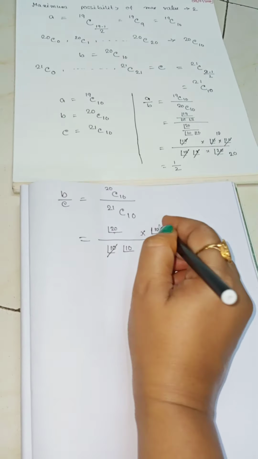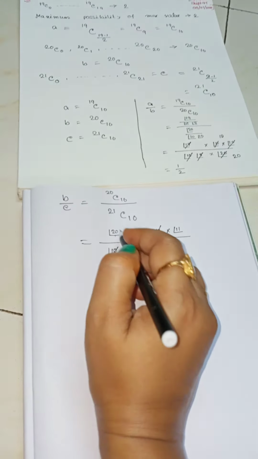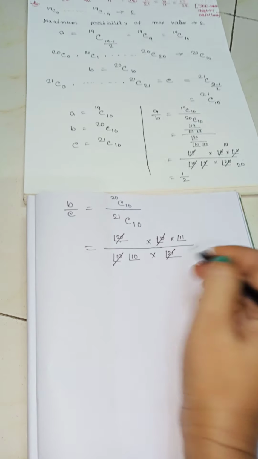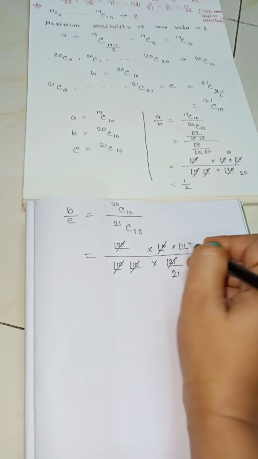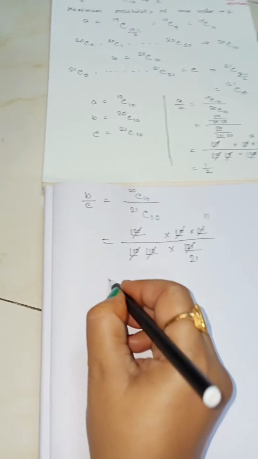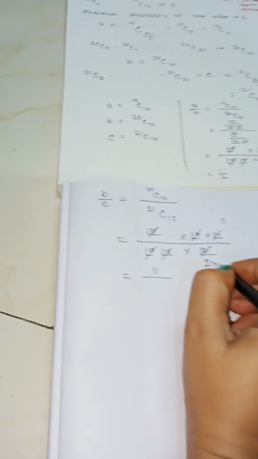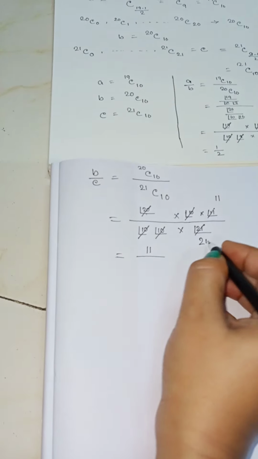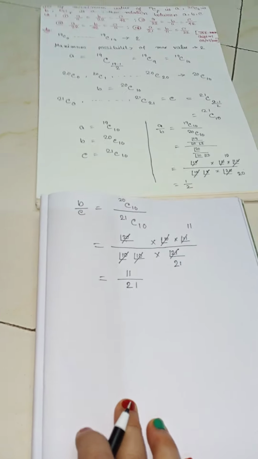Factorial 10 cancels off and factorial 20 cancels, leaving 11 by 21.